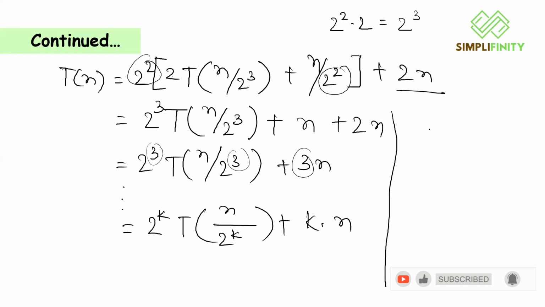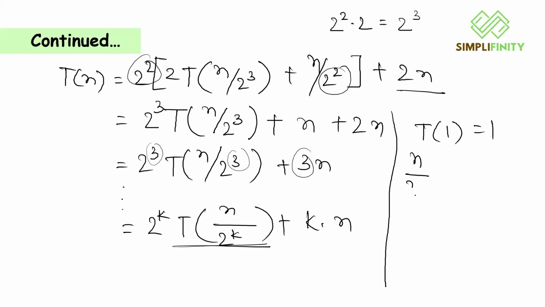So what was our base case? It was t of 1 equals 1. So we'll replace the whole thing with this: n by 2 to the power k equals 1. Which means n equals 2 to the power k, taking log on both sides.